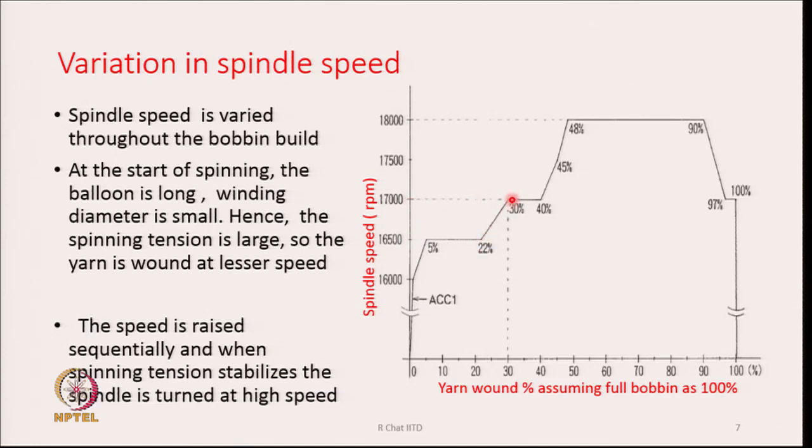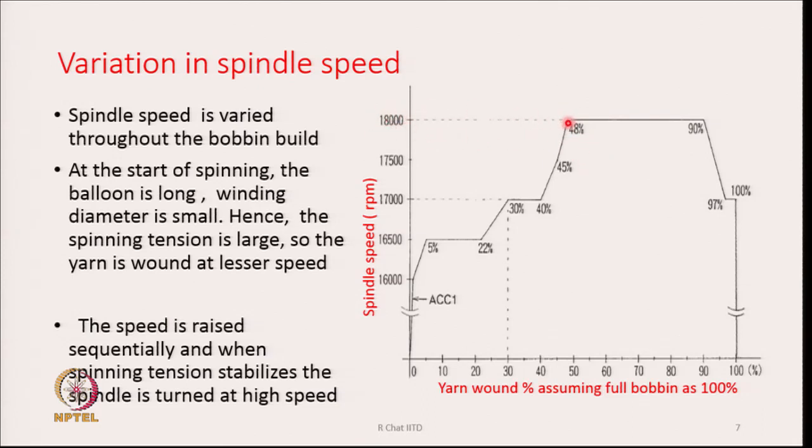We slowly raise the speed. So, by that time 30% of the bobbin has been built, 30 to 40%, again there is no change in speed, and again we gradually raise the speed and attain the high speed, which is 18,000 rpm.